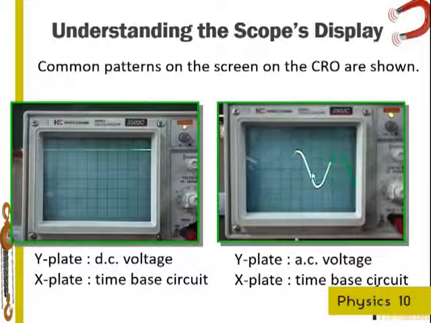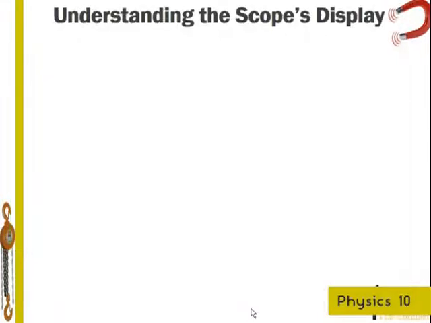Now in the second monitor, you can see that on the Y plate there is in fact an AC voltage, but also on the X plate there is a time-base circuit. So what will happen is that the beam will move up and down in a transverse manner across the screen. And that is traditionally how we tend to see alternating current represented on the monitor of an oscilloscope.